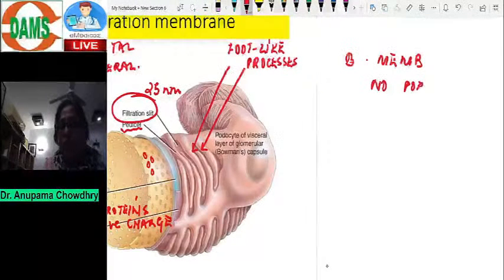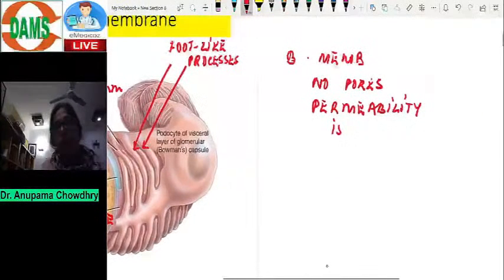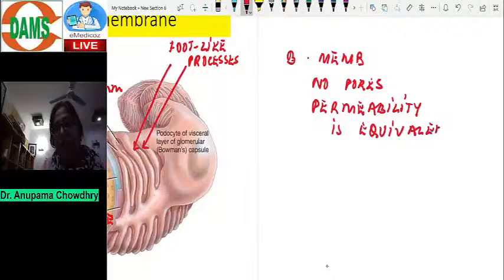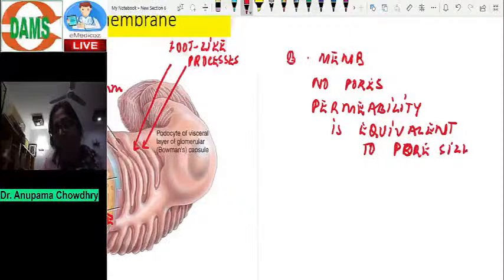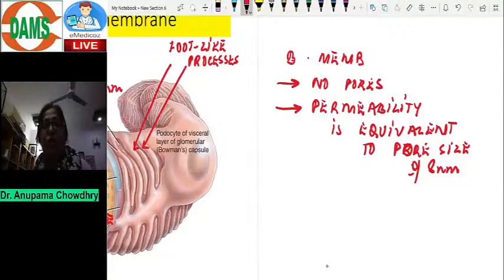But its permeability is equivalent to a pore size of 8 nanometers. It does not have any pores, but the permeability of the basement membrane is equivalent to a pore size of 8 nanometers.